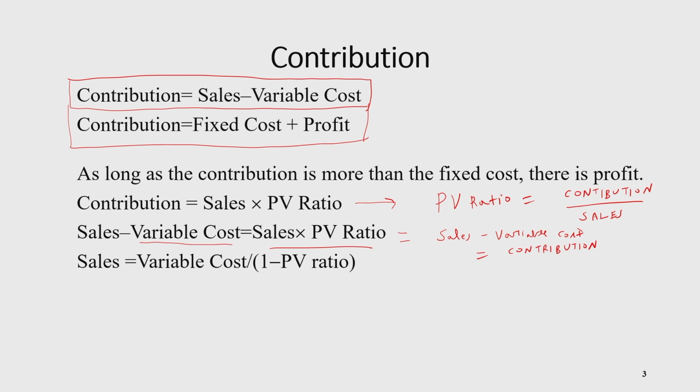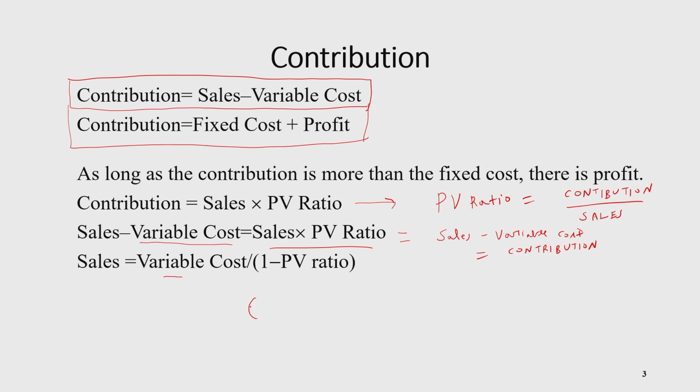So, now you have got sales equal to, you can find out, variable cost divided by 1 minus PV ratio. If you take this portion to the left hand side in this equation, you can make manipulations, so you should not get confused.